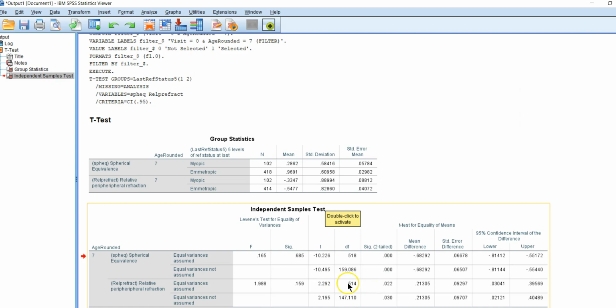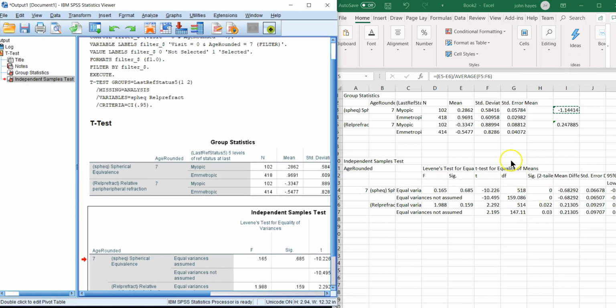The degrees of freedom are in the two sample sizes, so 102 plus 418, that's 520, minus 2, so it's 518. The p-value is a lot smaller down here, but let's recall that, okay, that's significant at 0.02, but the effect size is really pretty trivial at 0.2478.